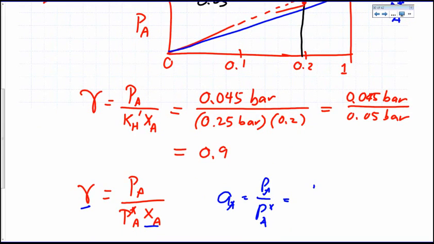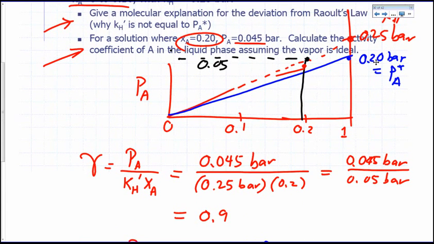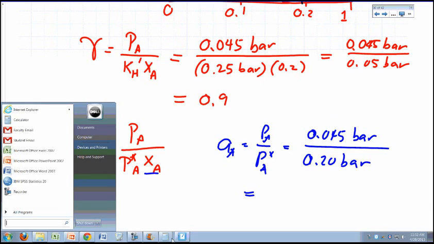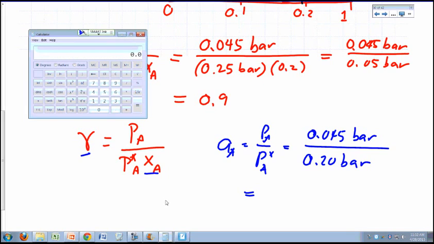So if this were Raoult's law, then you'd say PA over PA star would be 0.045 bar over PA star is 0.20 bar right here. Okay. And activity of A in this case would be 0.045 divided by 0.2, which is 0.225.